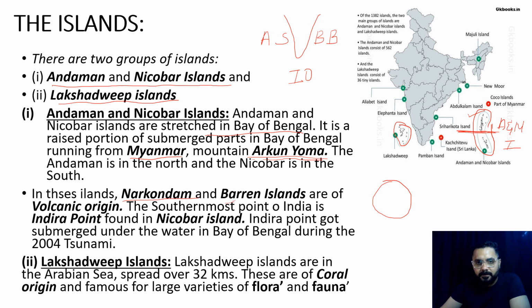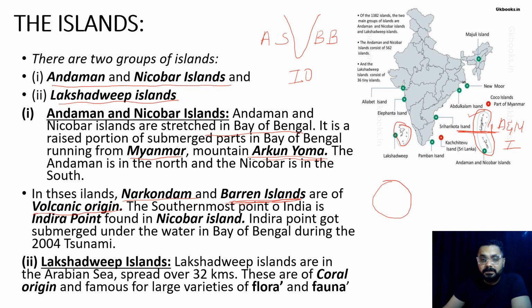The interesting thing about these islands is that they are of volcanic origin. They originated from volcanic eruptions. This is one of the important things that you might have to remember about the Andaman and Nicobar Islands.